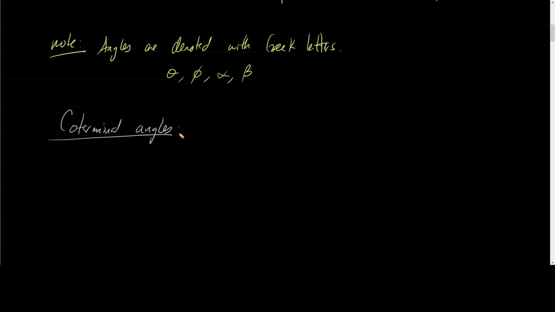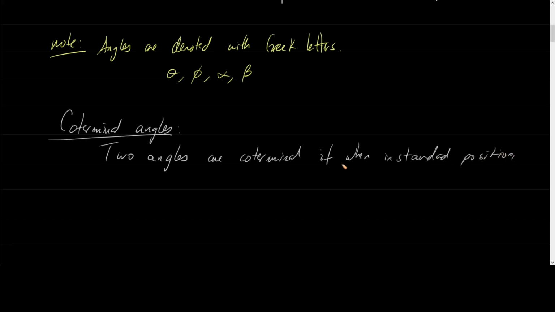The definition for coterminal angles is: we say two angles are coterminal if, when in standard position, their respective initial and terminal sides are the same. What do we mean by that?